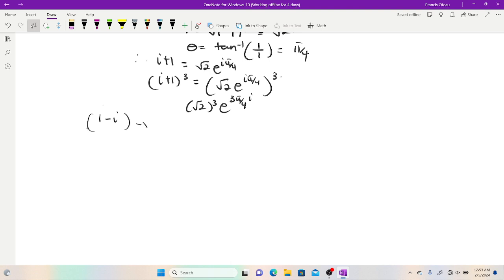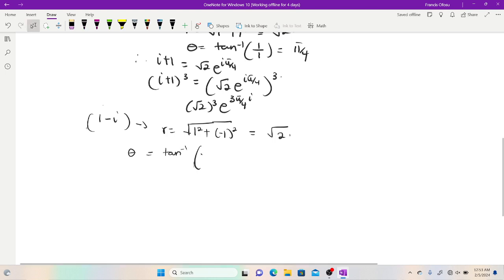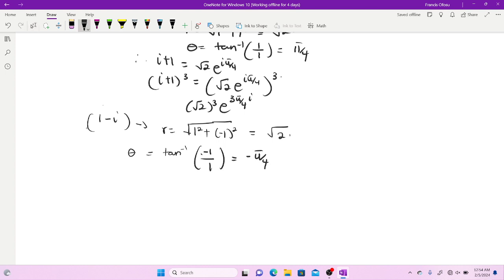If you want to convert 1 minus i to polar form, your r is simply going to be the square root of 1 squared plus the coefficient of our i, which is negative 1 squared. This will be equal to square root of 2. Now the angle theta will be equal to tan inverse of the coefficient of the imaginary part, negative 1, over this real part 1. This is giving us negative pi on 4.